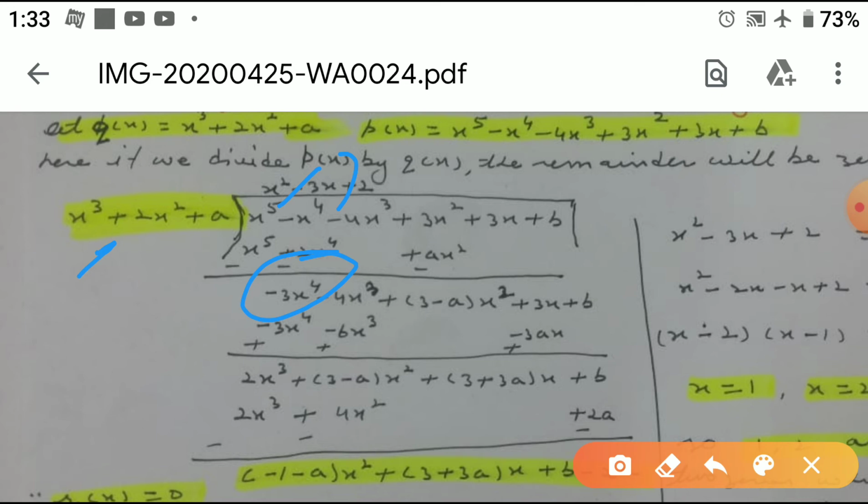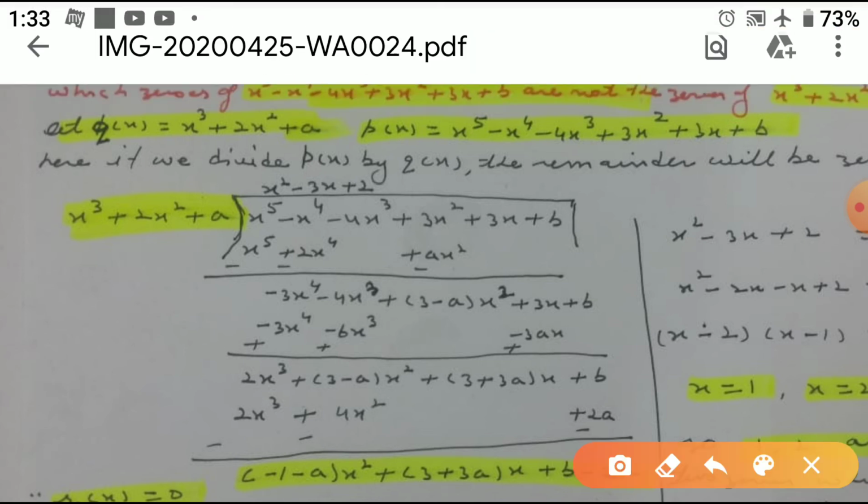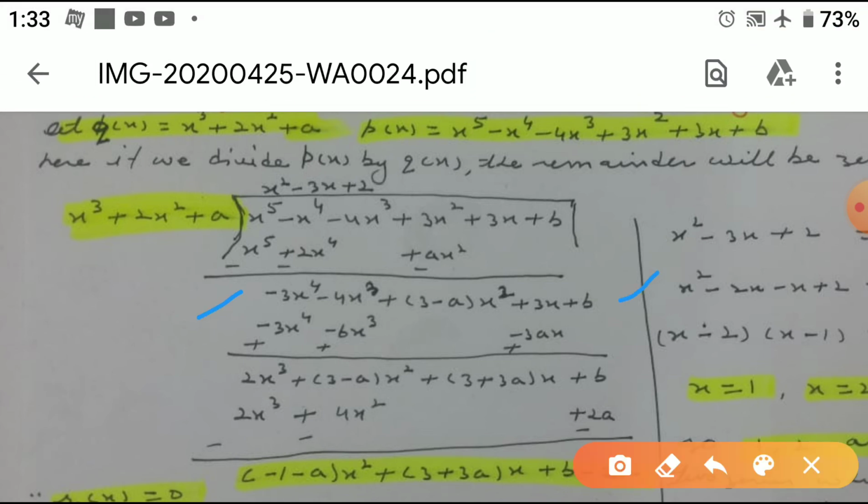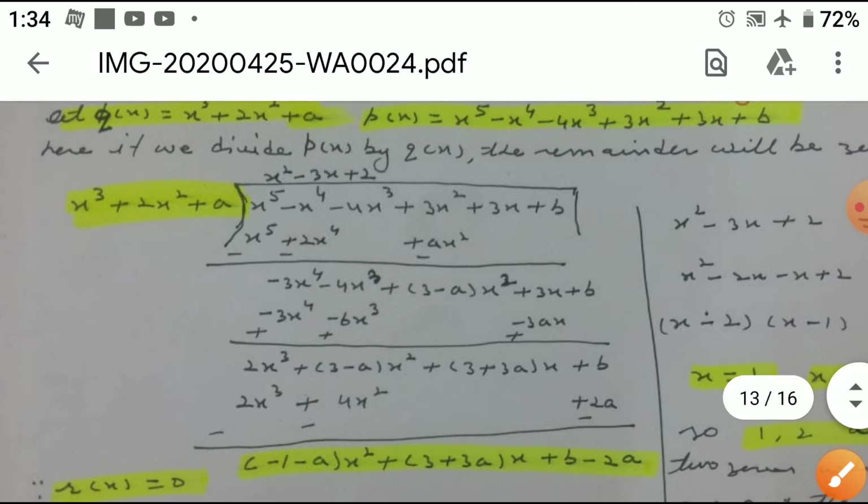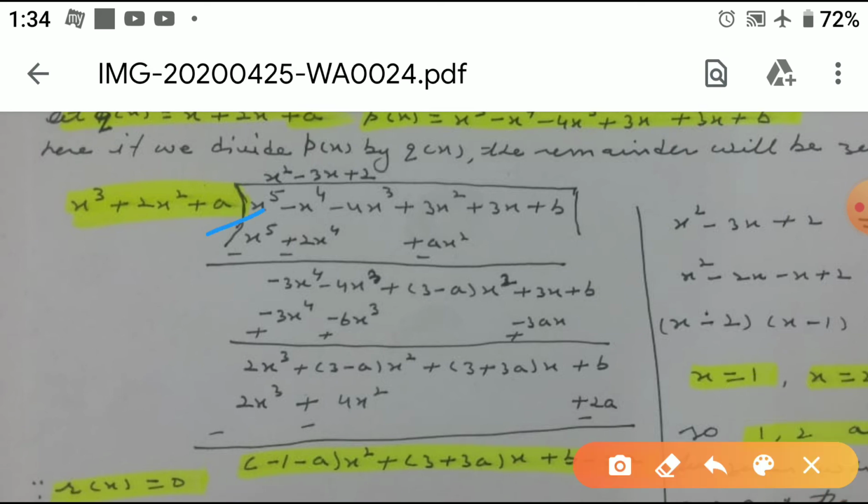Then multiplying minus 3x with x cube, we get minus 3x^4. Minus 3x with 2x square is minus 6x cube, and when you multiply minus 3x with a, it becomes minus 3ax.